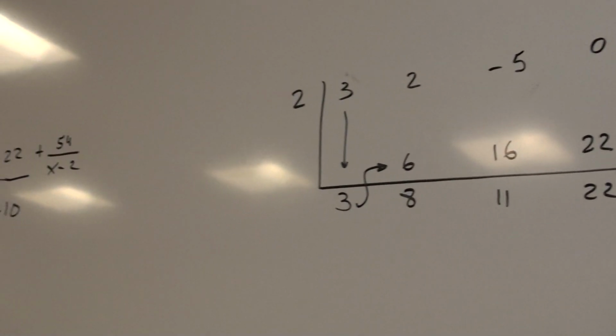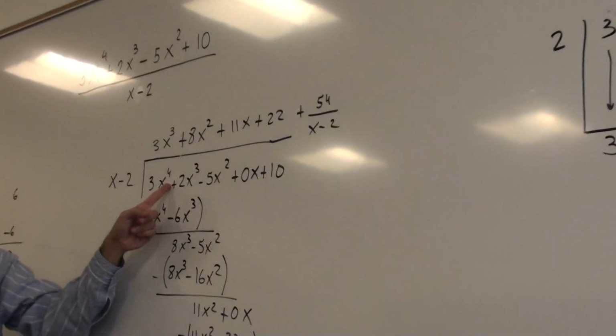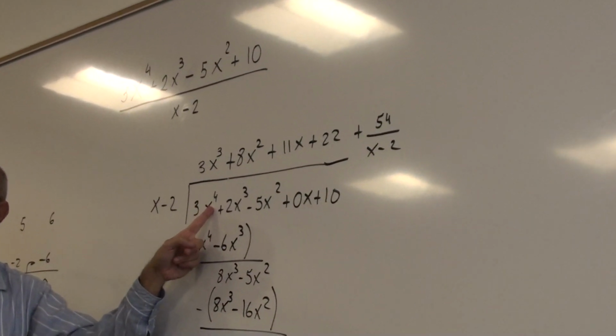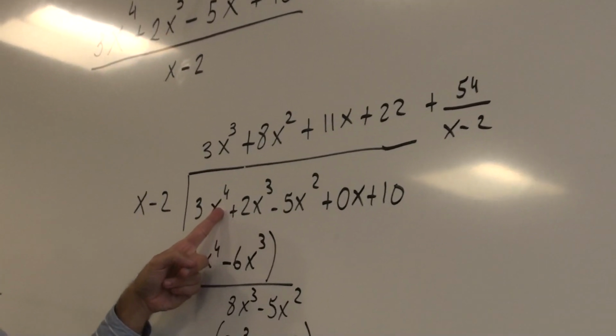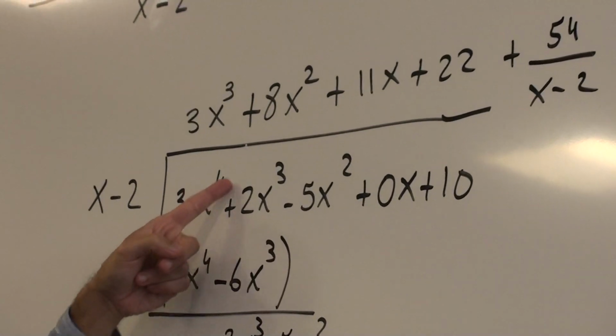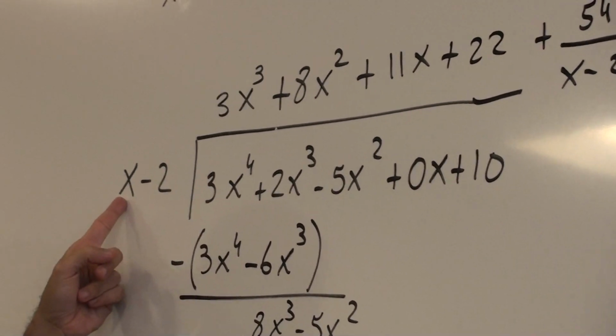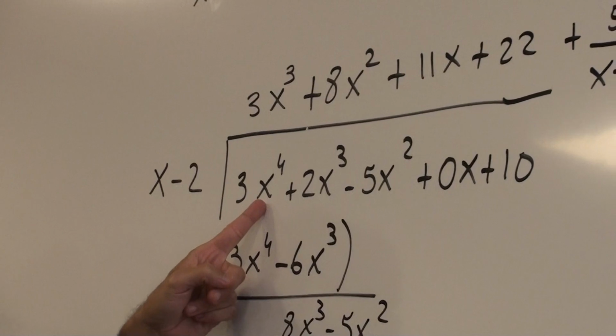Now, what is it that we're really doing when we're dividing a polynomial by another one? We are reducing the degree of the polynomial, okay? If the degree of this polynomial is 4, and we divide it by x, we're reducing the degree to 3.